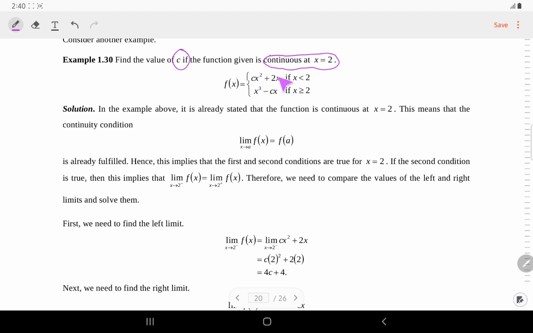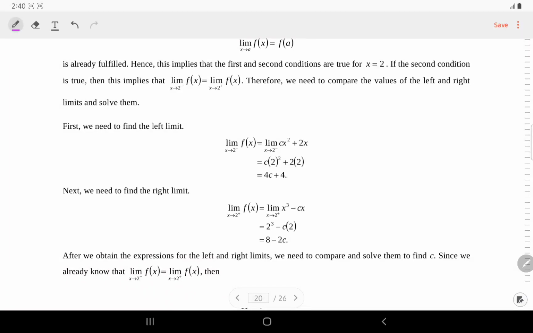So we choose this function, cx squared plus 2x. We write the function here and then just substitute the value of the limit into the variable. So we get c times 2 squared plus 2 times 2, which is equal to 4c plus 4.